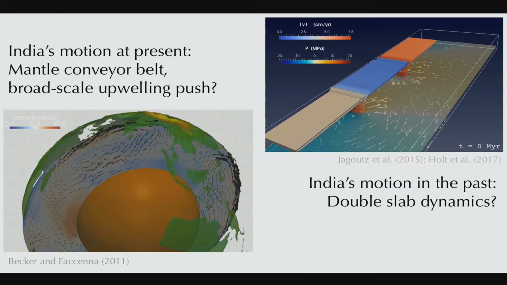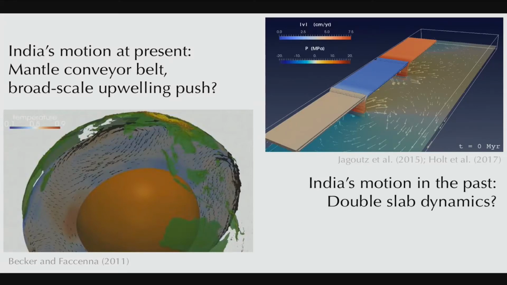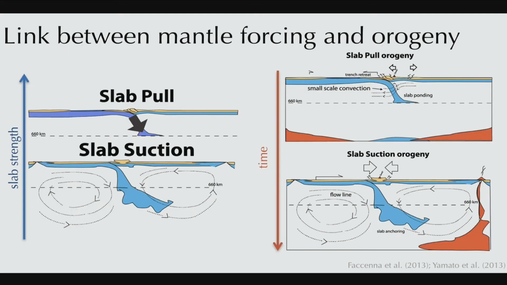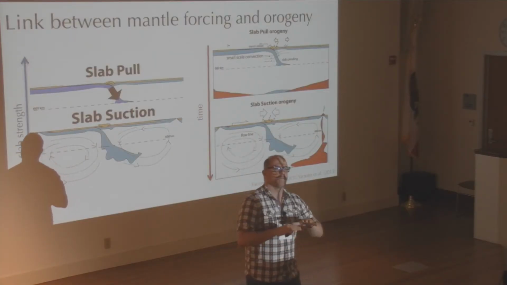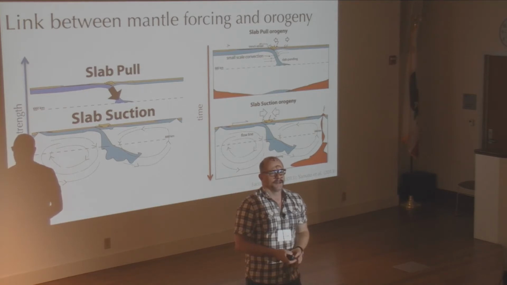And so we made the case, for example, that at present India may be driven by one of those conveyor belts because there's no slab attached. And in the past, perhaps India was propelled at these rapid speeds because we had 2 slabs attached, right? So we're trying to divvy this out. But the important part here is not if we're right or wrong. It's to illustrate some of the things, coming back to what I said earlier, as to the potential links between the record of subduction and the oceanic plate system and what is recorded in the continental plates.